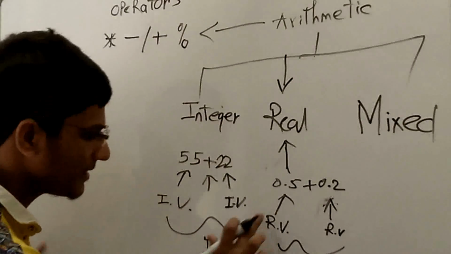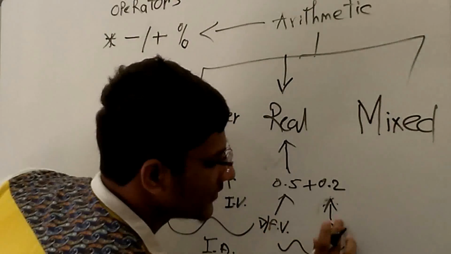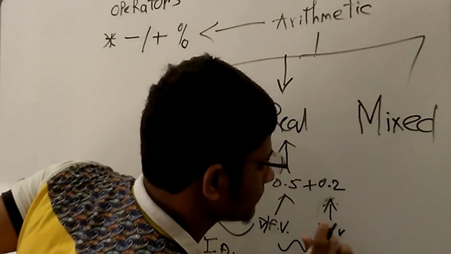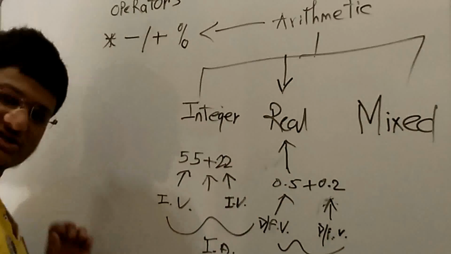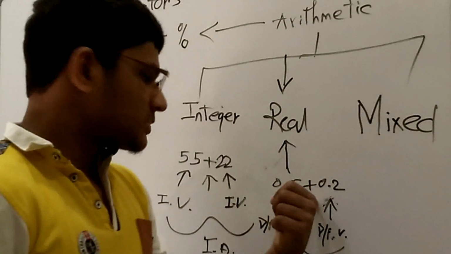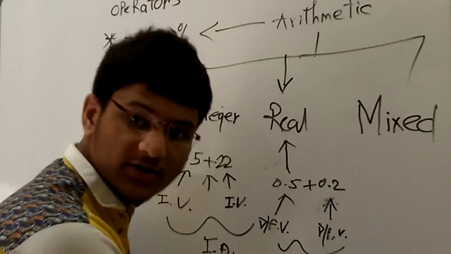You guys may remember that we have learned double and float. So this may be a double or float variable. So the combination of double or float variables with an operator is known as real arithmetic.